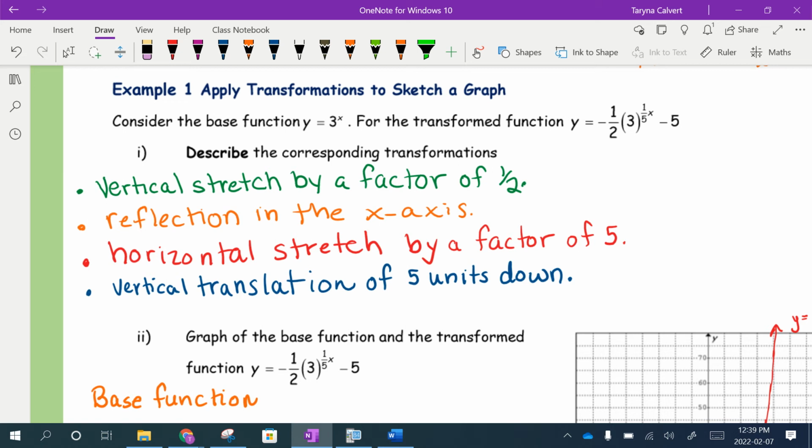In class, when we did chapter 1, some of you were still putting that negative there. At this point we should never be doing that anymore. The negatives on the A and the B have nothing to do with the stretch; the negative shows you that there's a reflection. So: vertical stretch by a factor of 1/2, reflection in the x-axis, horizontal stretch by a factor of 5, and then 5 units down. Yeah, Raymond, go ahead.